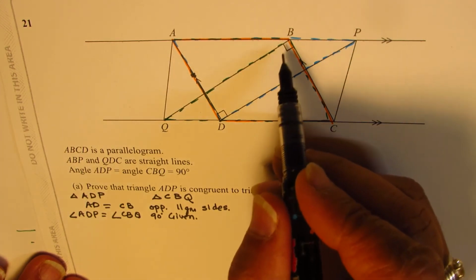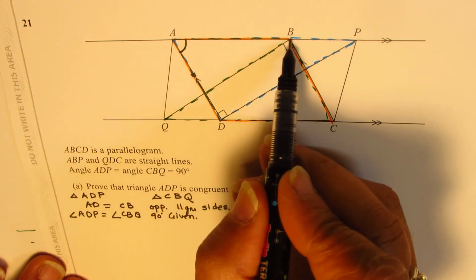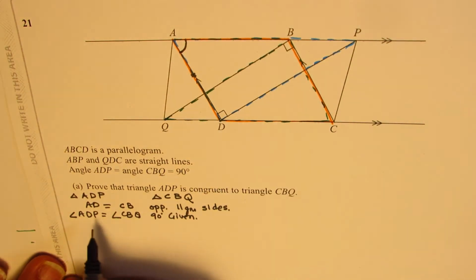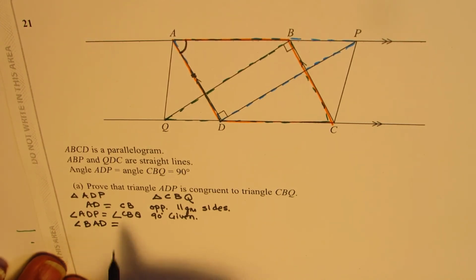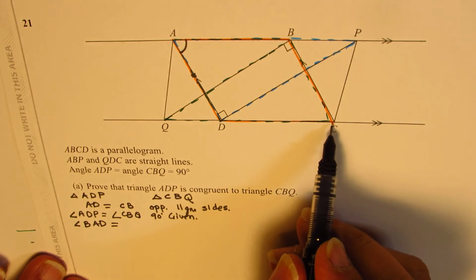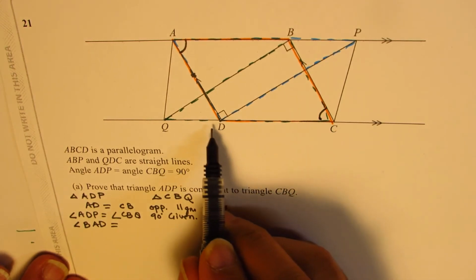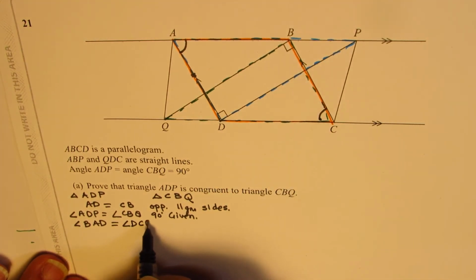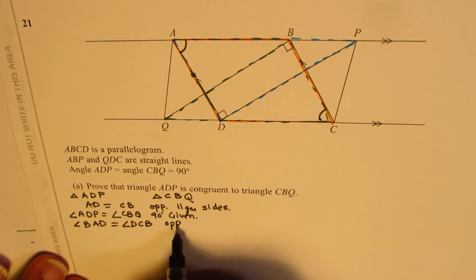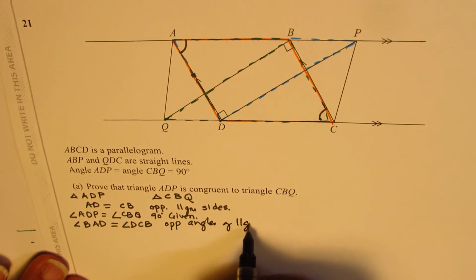Now we have this parallelogram. So, look into this angle BAD, so we'll write angle BAD should be equal to this angle of the parallelogram, which is CDCB. These are opposite angles of the parallelogram.